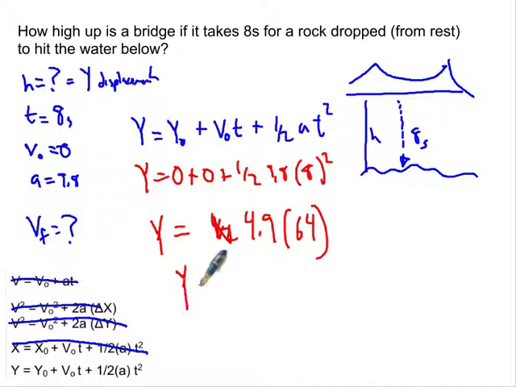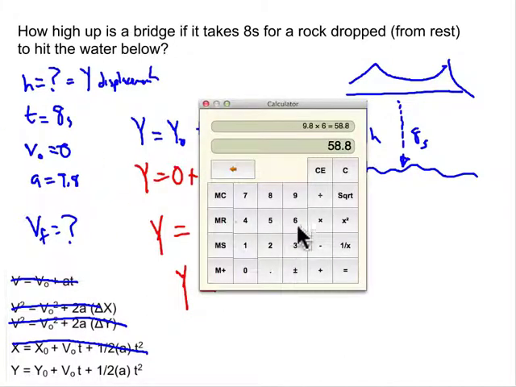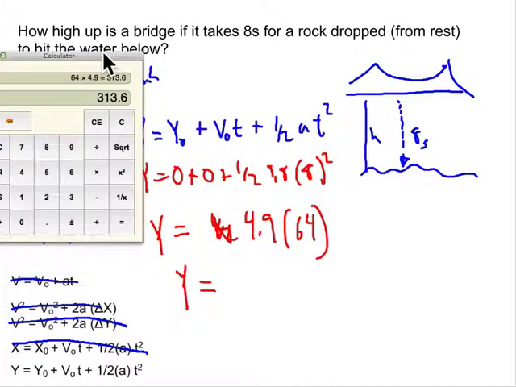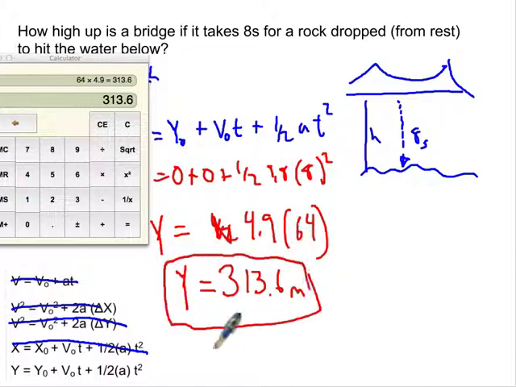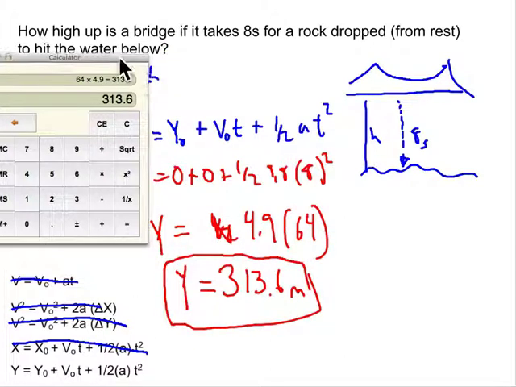So our height equals 313.6 meters. So those were a couple examples of falling objects. There's more on the link on the website.